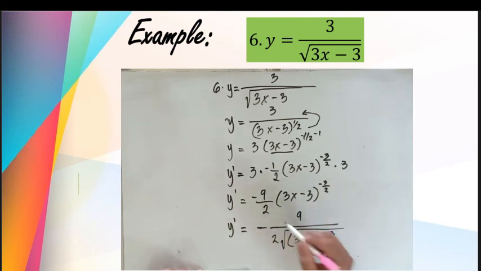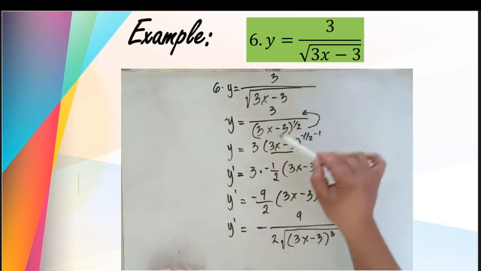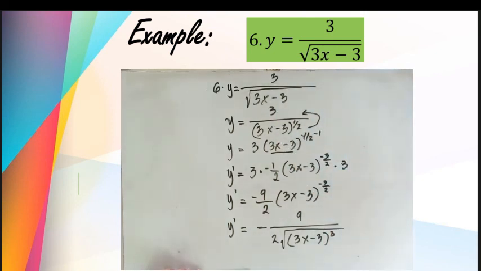So this is our final answer. The derivative of 3 all over the square root of 3x minus 3 is equal to negative 9 over 2 square root of the quantity of 3x minus 3 to the third power. So this is now the derivative.